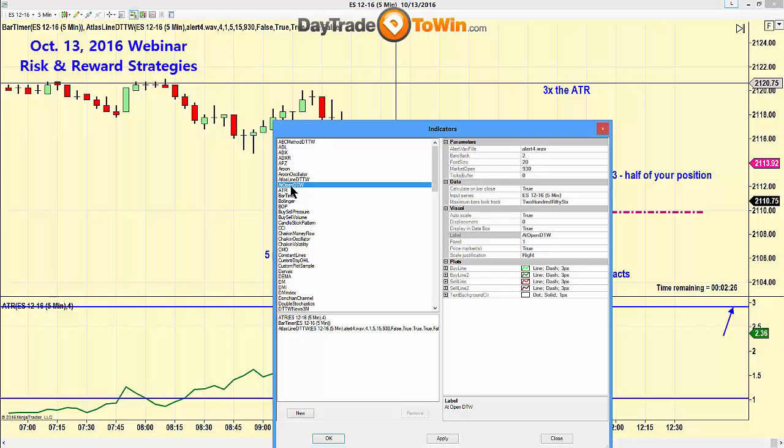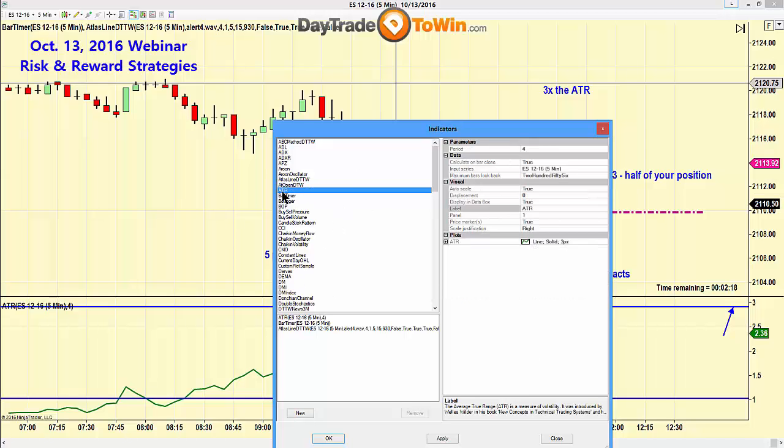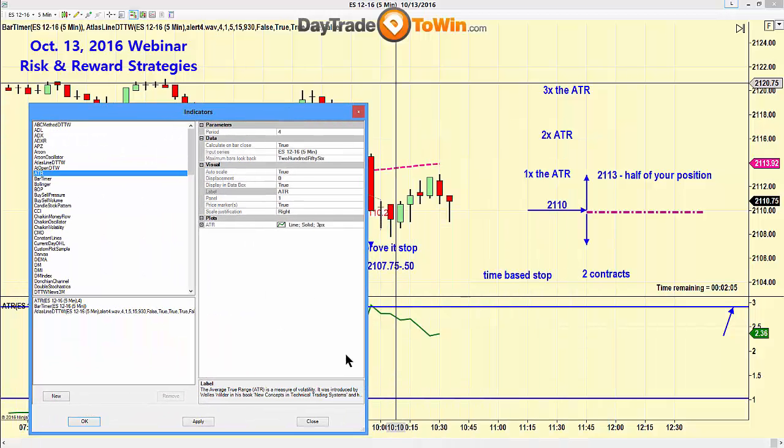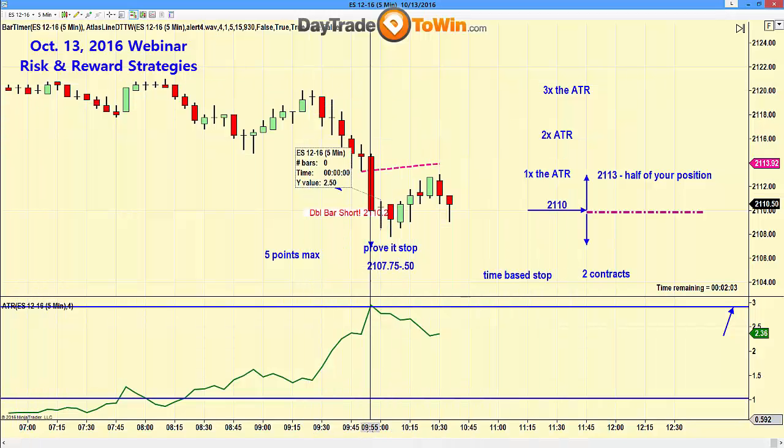It's my at the open method indicator that I offer with mentorship. Those two are pretty good. But the really important one here that I want everyone to start using, whether you're part of Day Trade to Win or not, is this ATR. Everything else here, as far as how you want to optimize it and being successful, is never going to work into the future. You've got to use something a little bit more concrete.